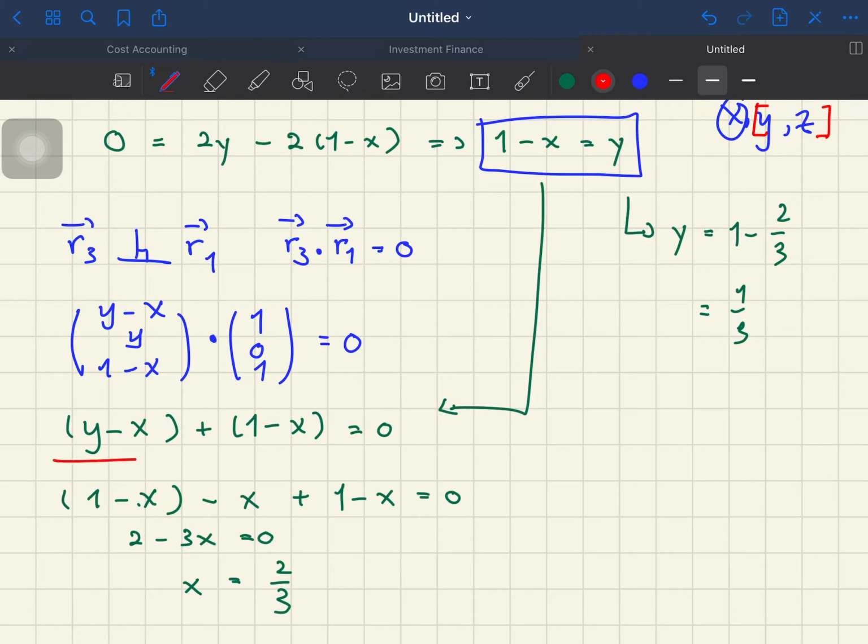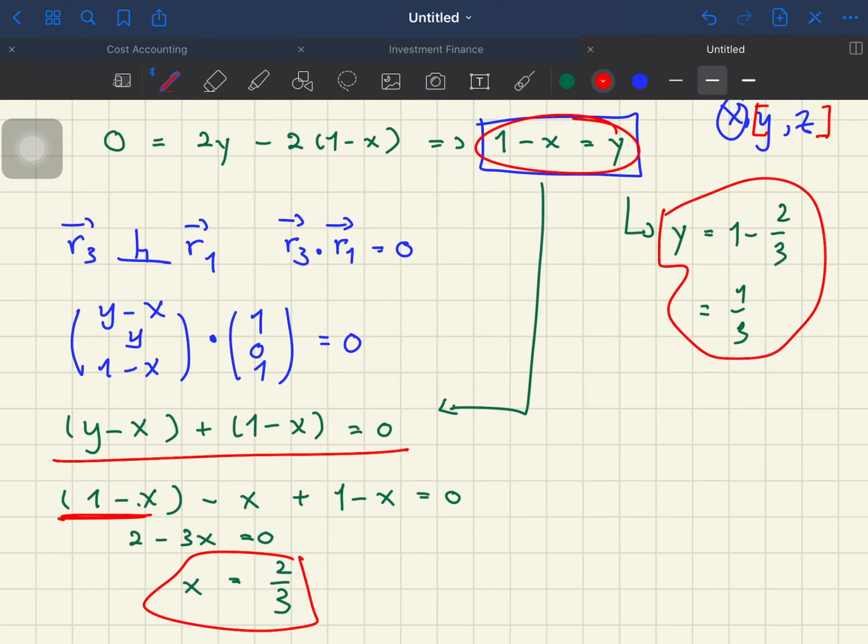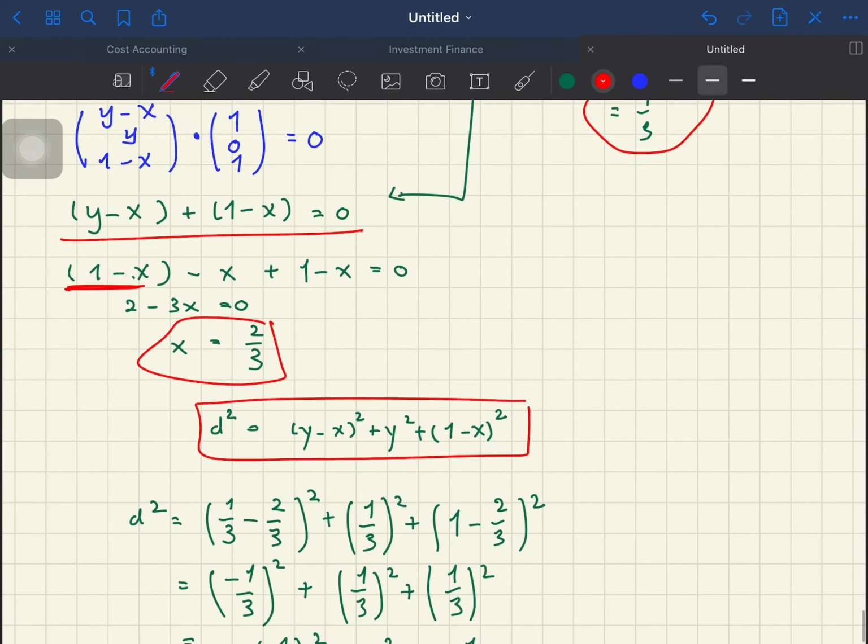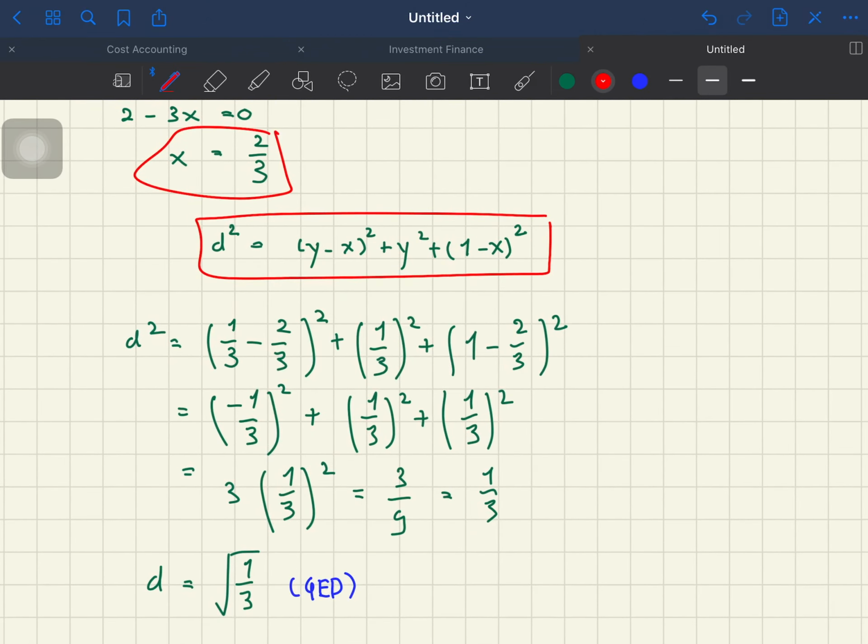Then I substitute y in terms of x into the equation, and I get x equals 2 over 3, and y equals 1 over 3. Finally I get the distance. I plug in x and y, and I get d, the shortest distance, equals the square root of 1 over 3. Thanks.